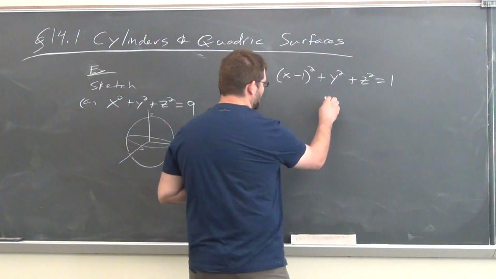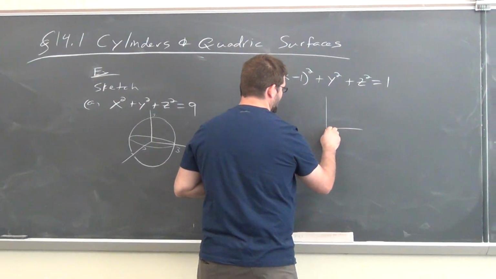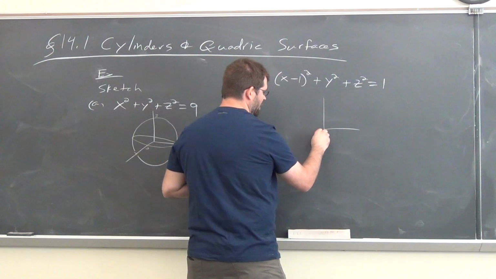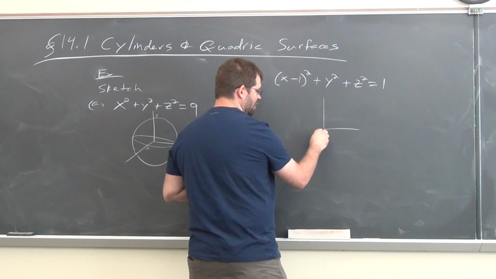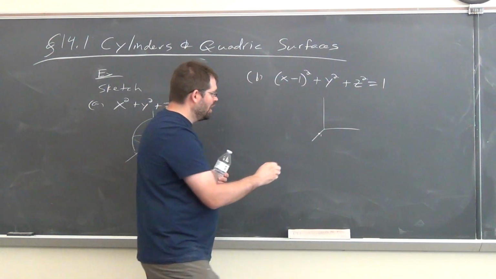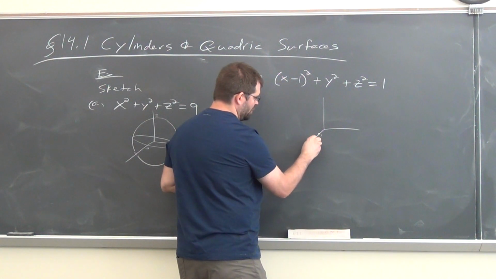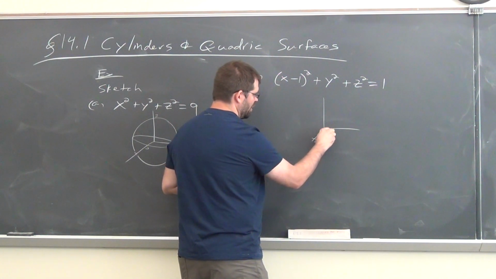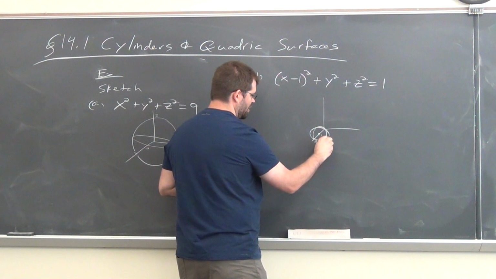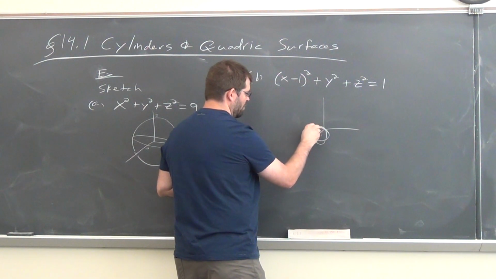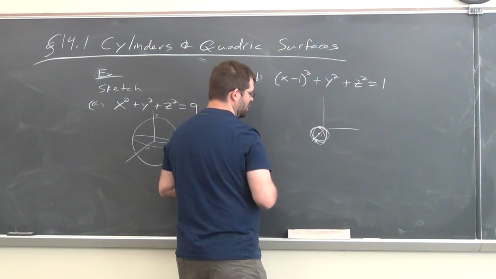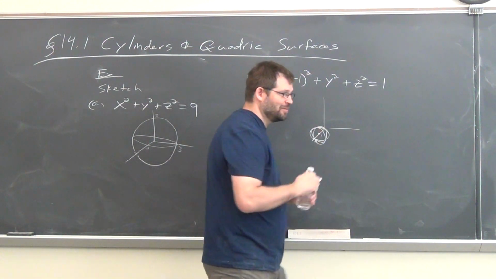And so this should be a sphere now centered at (1, 0, 0), so centered right there and of radius 1, and so it's going to come out to 2. And then you're going to just get, that's terrible looking. Oh, you get the idea though. There's a little ball right there.